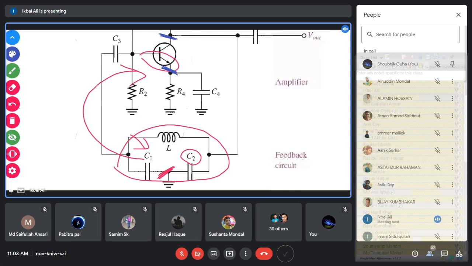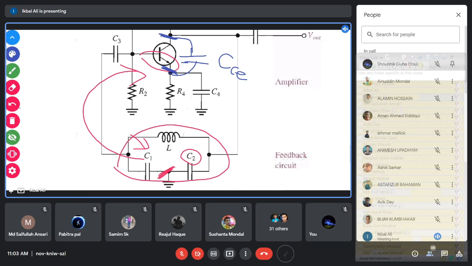So you definitely have another stray capacitance between collector and emitter, called the collector-emitter stray junction capacitance. So this capacitance is the collector-emitter capacitance, CCE.